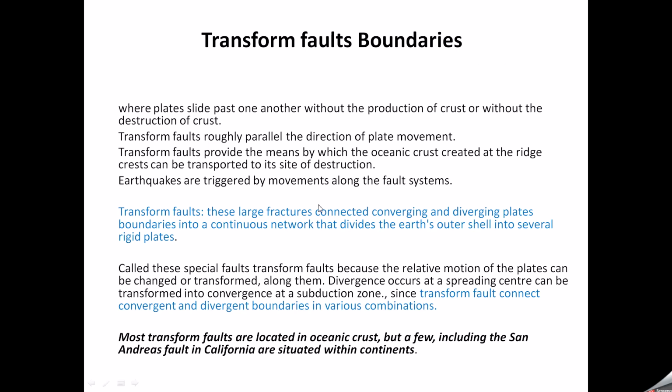Transform faults, fault boundaries. Transform faults are larger fractures connecting converging and diverging plate boundaries into a continuous network that divides the Earth's outer shell into several rigid plates.